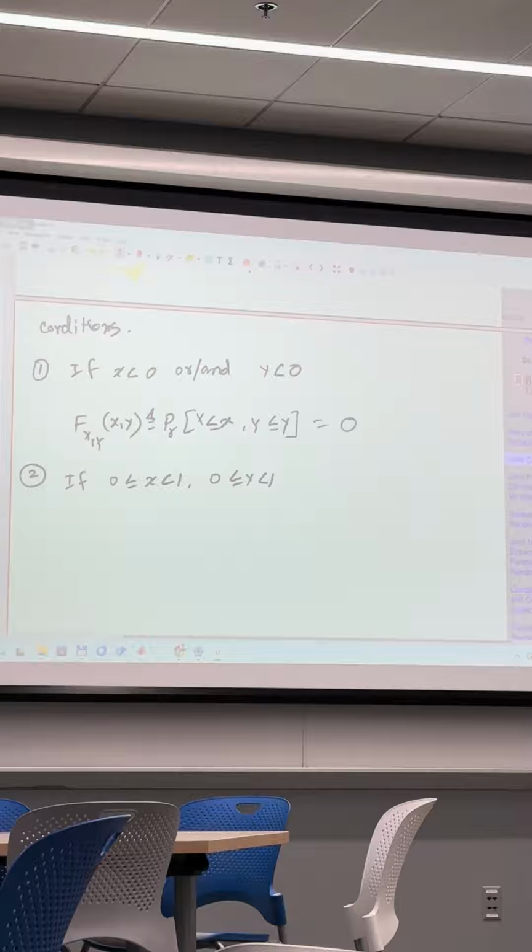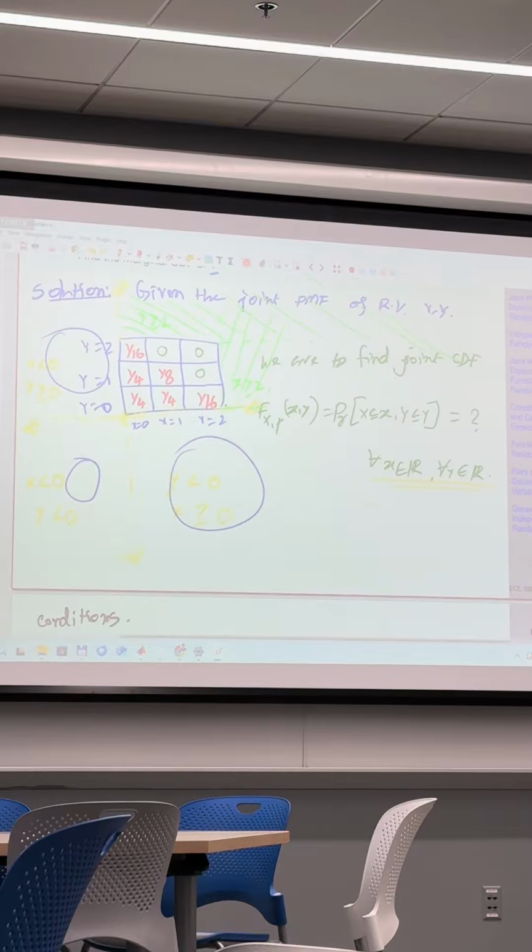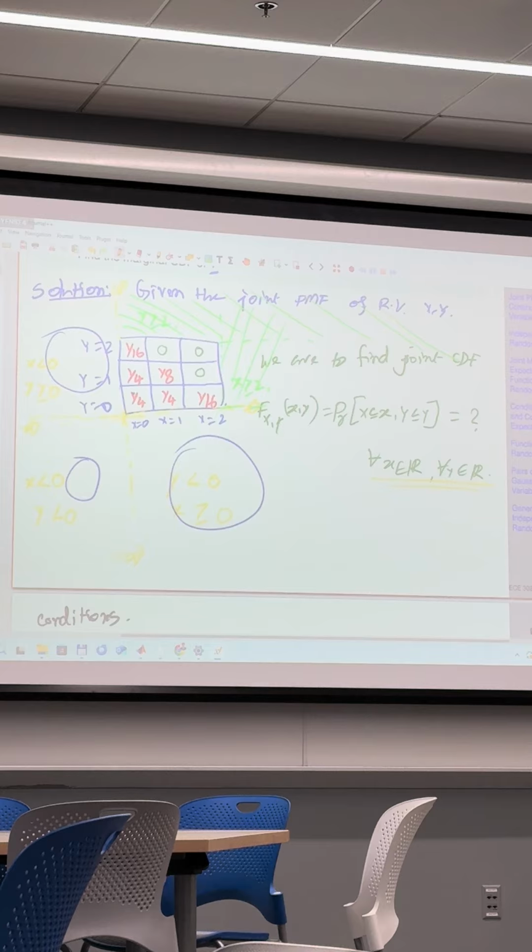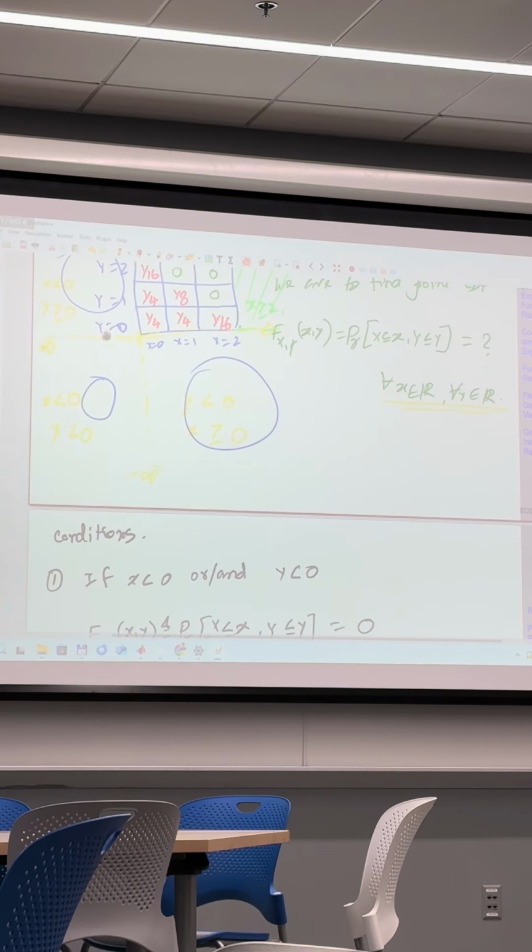So we are talking about this region: 0 to 1 but not including 1, and 0 to 1 for y, not including 1. The only joint PMF that you see is valid is 1/4. This 1/4 corresponds to the value x equals 0, y equals 0.